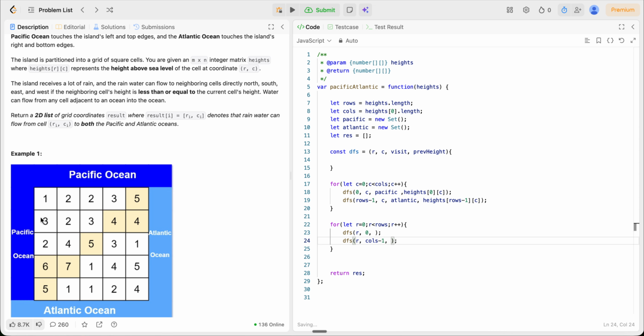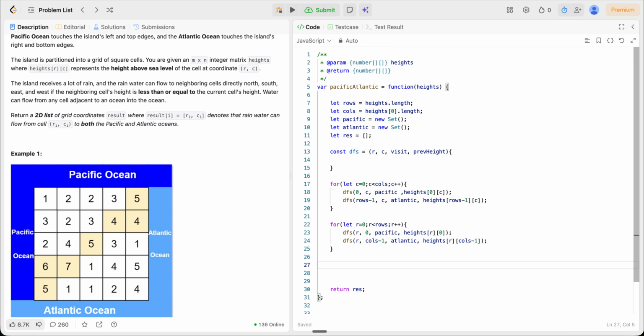And for the first column, it will be the Pacific Ocean, and previous height would be heights of R, 0, as these are the cells which we are sending, and the other one will be Atlantic, and heights of R, columns minus 1. So this is done.